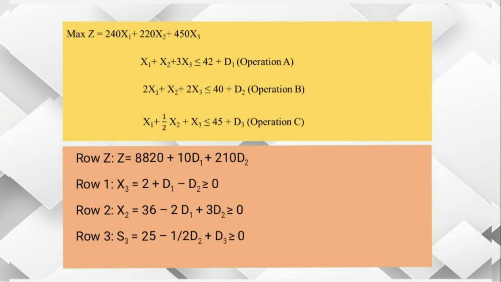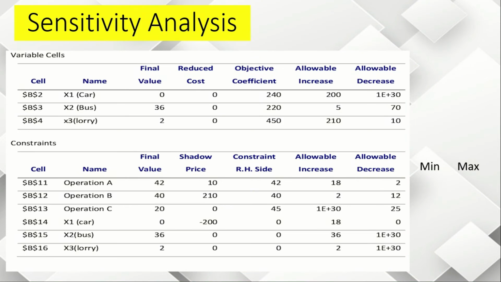To know the maximum and minimum value of the feasibility range, we use the sensitivity analysis table as a reference. From this table, we refer to the columns constraint right hand side, allowable increase and allowable decrease. The minimum value is right hand side minus allowable decrease, while the maximum is right hand side plus allowable increase.